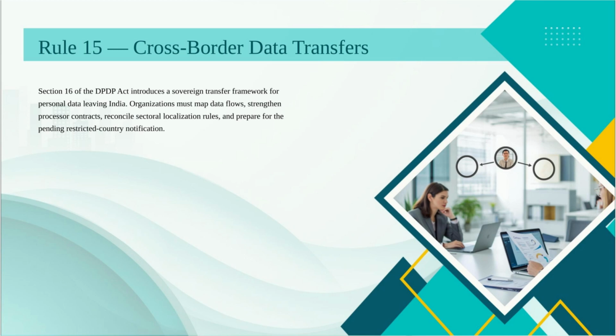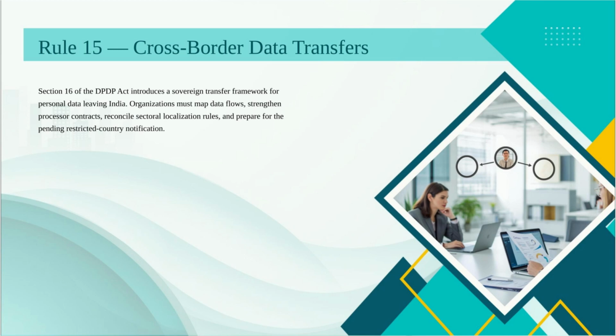We'll work through mapping your own cross-border data flows because you can't govern what you haven't identified. We'll look at contractual safeguards with overseas processors and the way sectoral rules and data localization requirements can overlap with the DPDP framework. We'll talk about how to prepare before the country list is finalized, then walk through a transfer risk assessment as a worked example, and finish with a checklist.